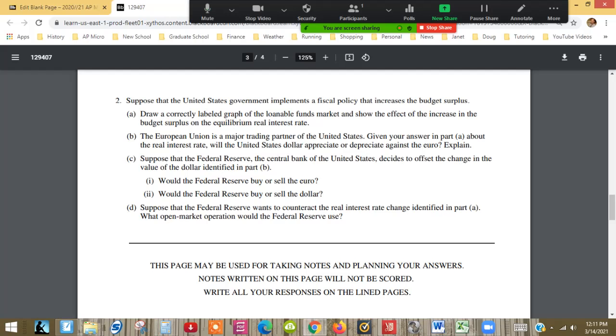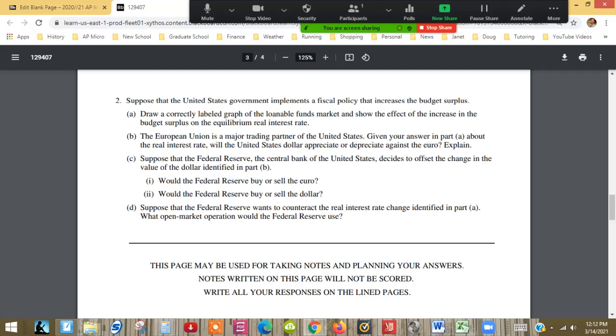We're going to show the government demanding fewer loanable funds because they're not borrowing as much, and also the supply of loanable funds comes from savings. So if the budget surplus for the government increases, that's going to increase national savings.